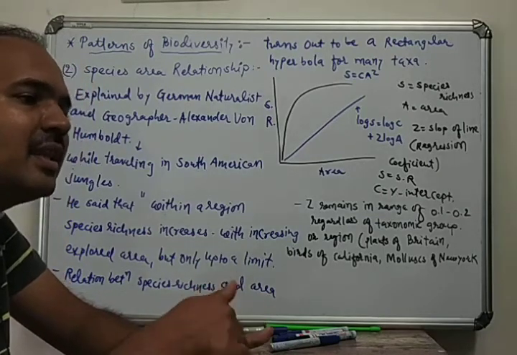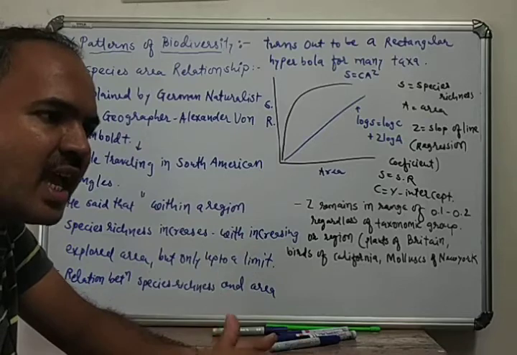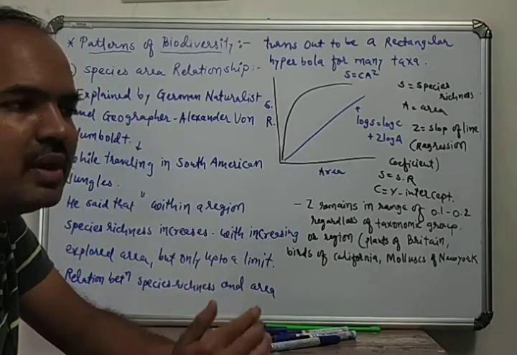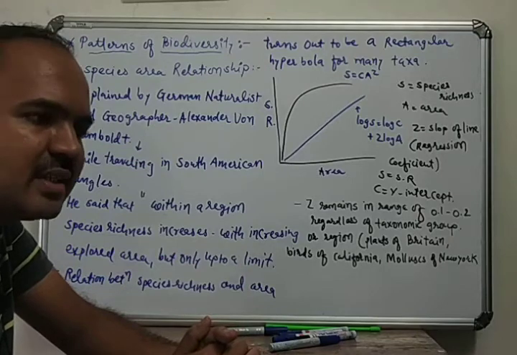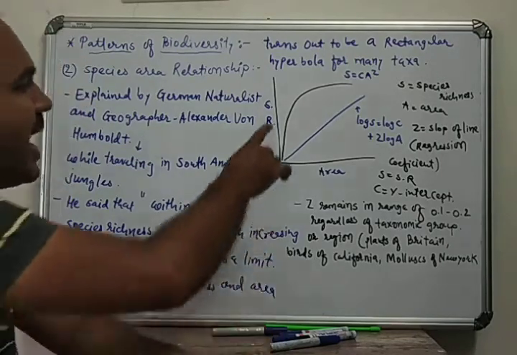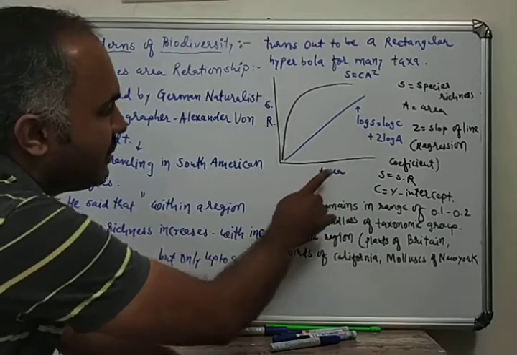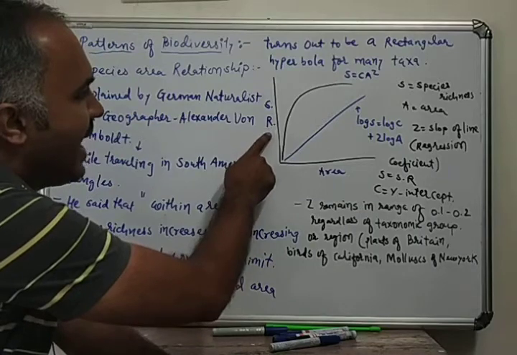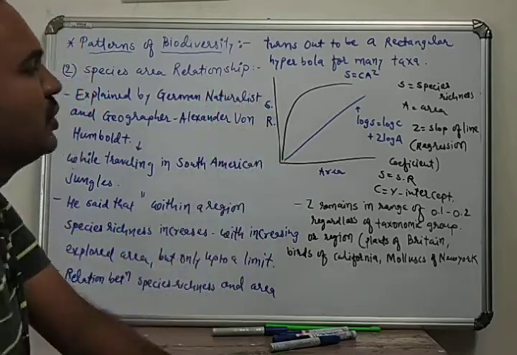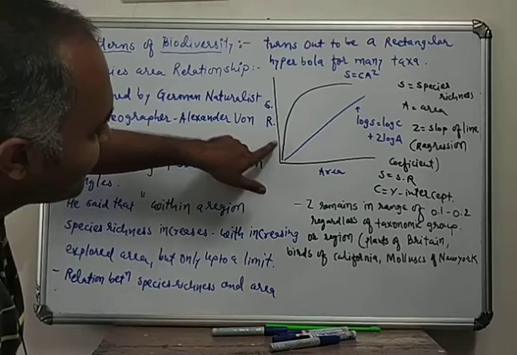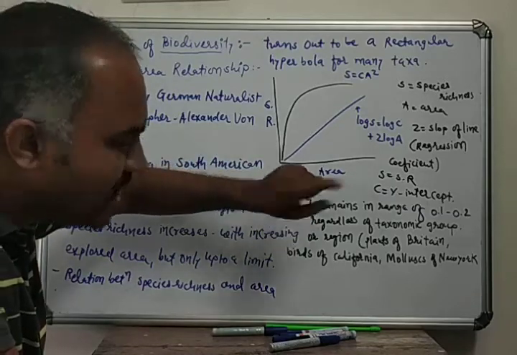But after that, if we increase the explored area further, then the relationship between the area and species richness turns out to be a rectangular hyperbola, like the one shown in this graph. Here on the x-axis area is taken, and on the y-axis species richness is shown.